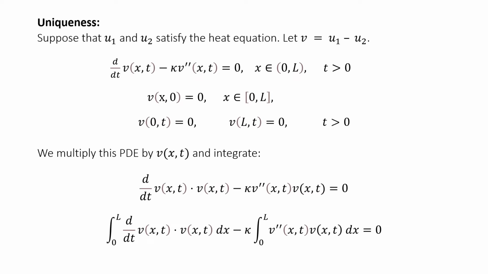The integral from 0 to L of d over dt v(x,t) times v(x,t) dx minus kappa times the integral from 0 to L of v''(x,t) times v(x,t) dx equals 0 again. That is true for all times t.